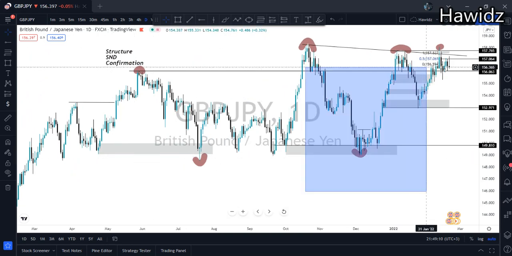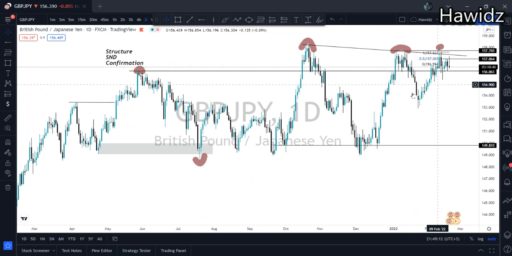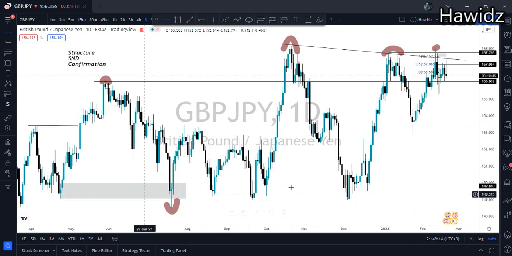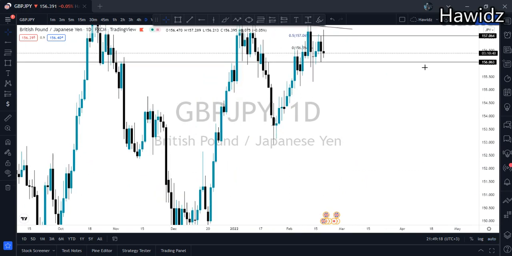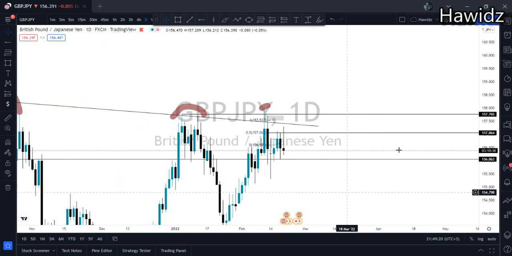I like to keep my chart simple. Sorry for this, but I'm going to have to clear these. So this is what we have.